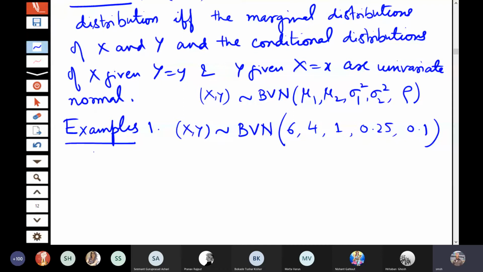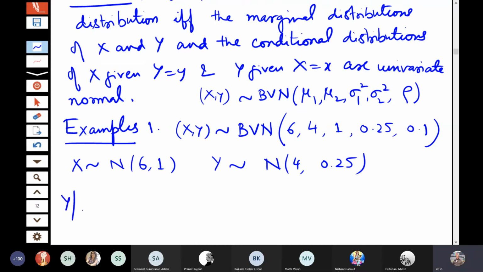So here what will be the marginal distribution? X will follow normal 6, 1. What will be the distribution of Y? That will be normal 4, 0.25, isn't it? For example, what will be the conditional distribution of say Y given X?